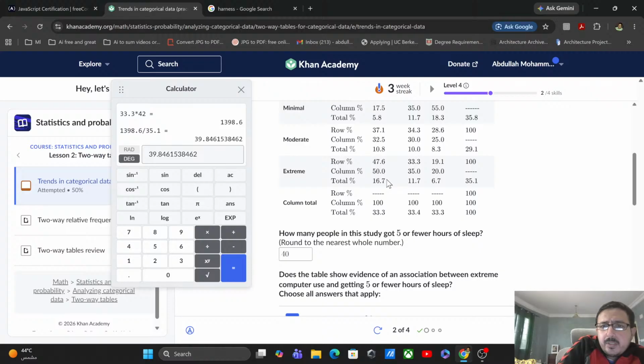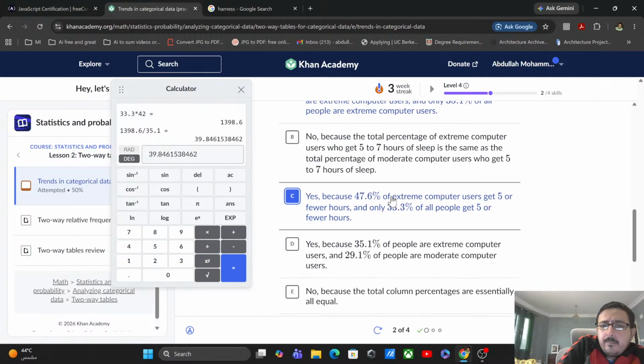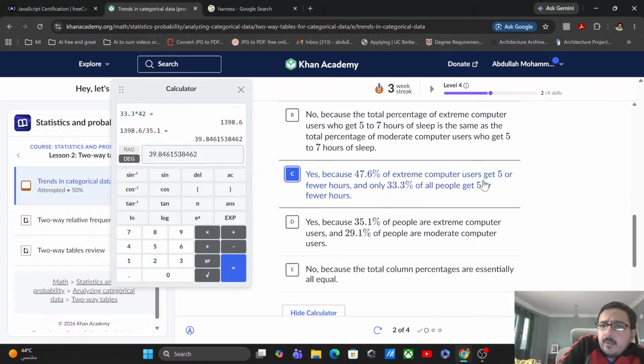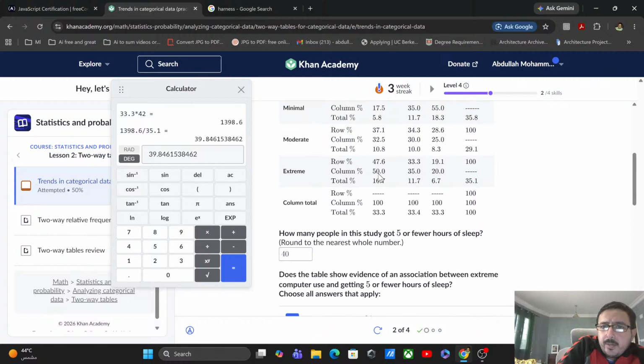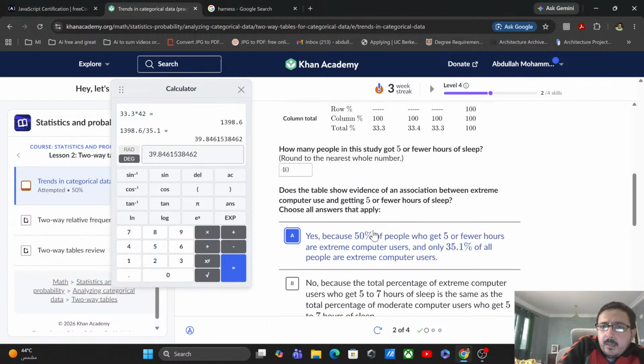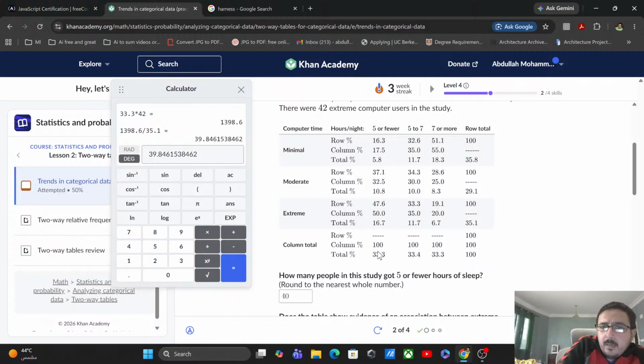Gives you 16%, okay. So what's this saying? 33% of all people get 5 or fewer hours. Out of them is 50%.